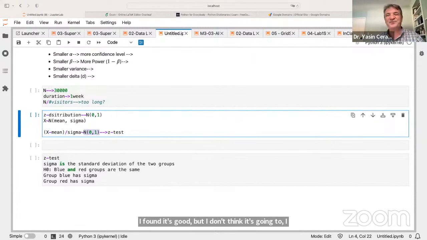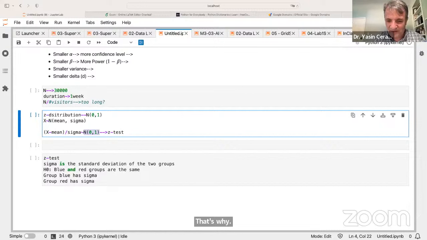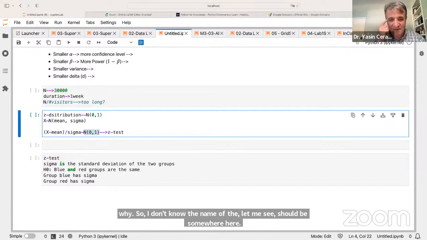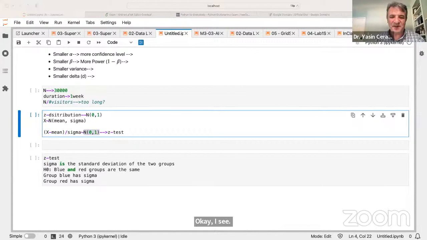I don't remember the name of the book, let me see, it should be somewhere here. Where did I put it? There is a book specifically about A/B testing, but I don't remember the name. Probably I'm going to remember soon. I'm very bad at remembering book names.